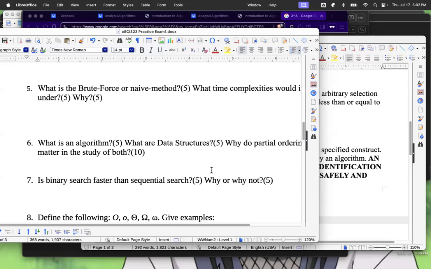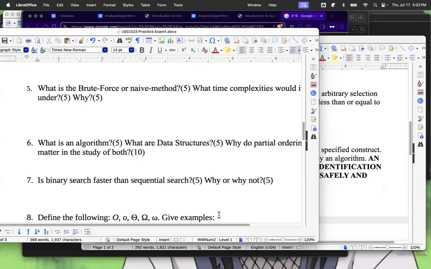How many for yes? Could you repeat what you said? Given the definition of big O notation, if I ask you to find the numbers C, N, and N naught, could you? I don't think I really knew exactly what that meant. Okay, let's take a look again.